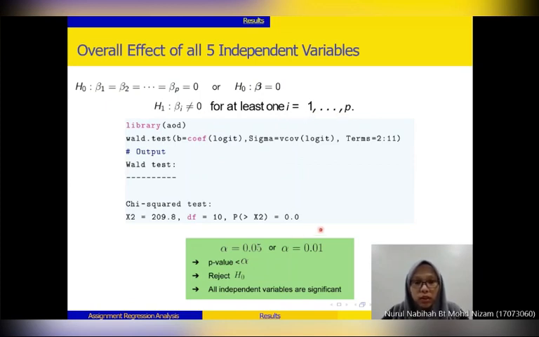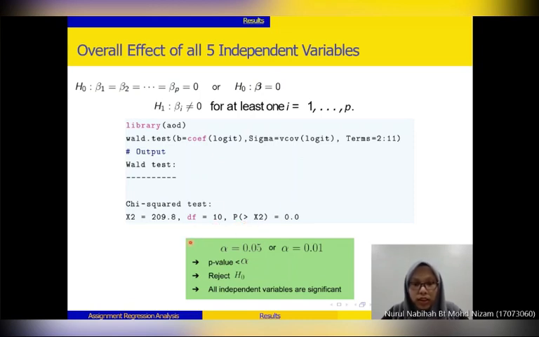This is the code, and the Wald test uses a chi-squared distribution, and the value is 209.8 with degrees of freedom 10. The p-value obtained is 0.